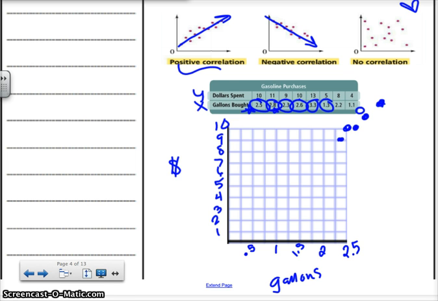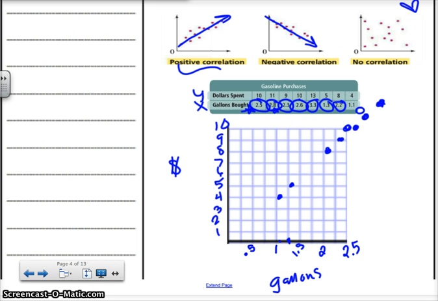If this line right here is 1.25, 1.3 is just a little bit bigger. 2.2, I spent $8. That's a little bit bigger than 2, up to the 8. In 1.1, I spent $4. That's a little bit bigger than 1.